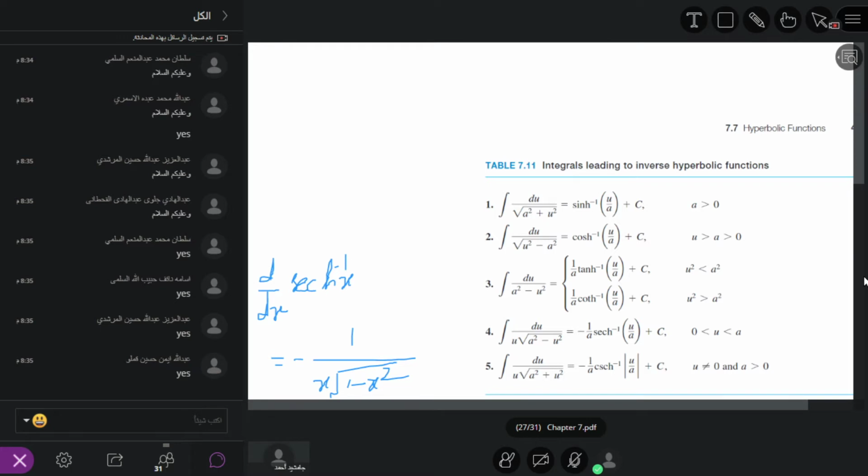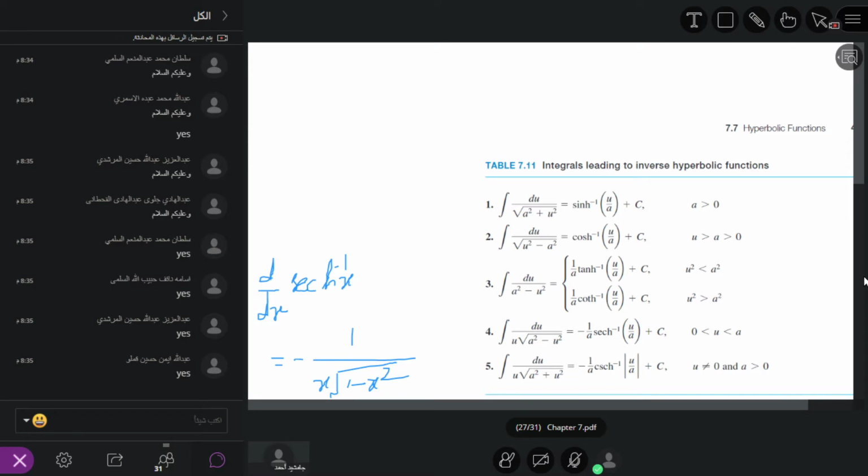Now, if in place of x we put u, and in place of 1 we have a general a, thus we get the integral of 1 over u square root of a square minus u square.